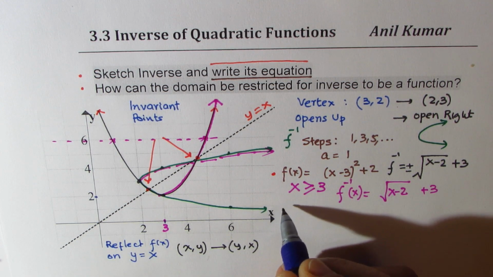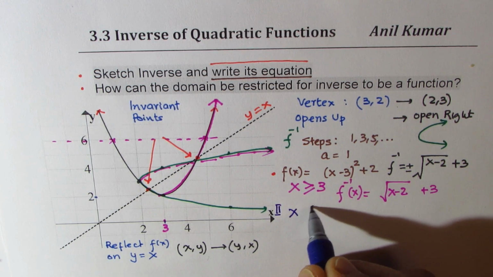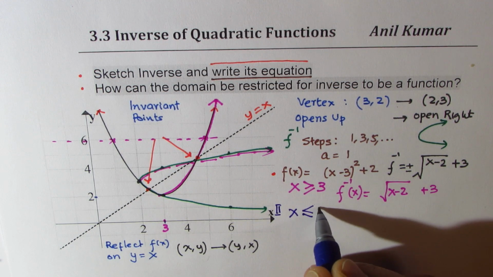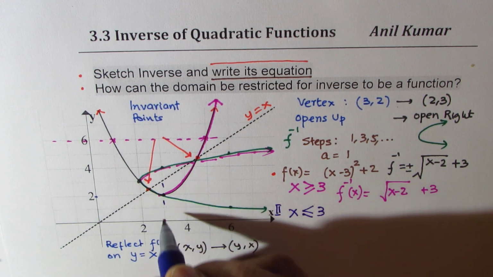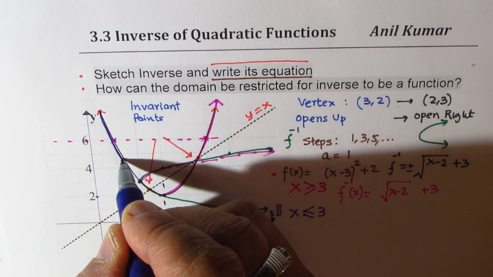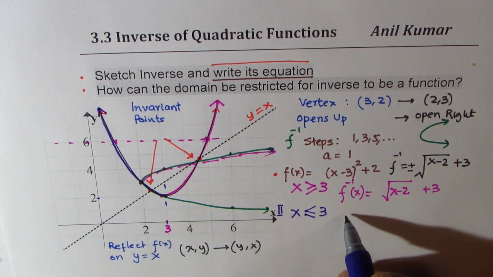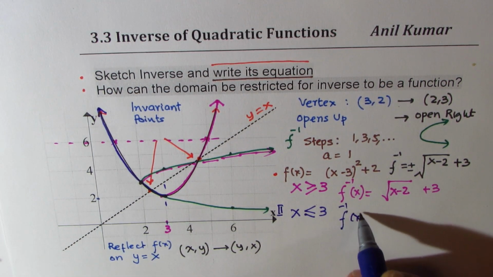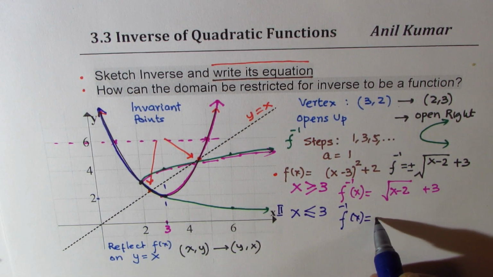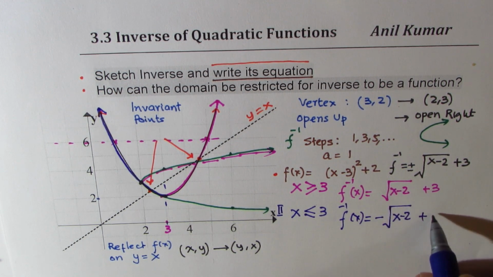That is to say, case 2. What you could do is, you could take x values which are less than or equal to the axis, which is at x equals 3. In that case, we are talking about the left side of the parabola, which is this part. Then the inverse of the function is going to be negative square root of x minus 2, plus 3.